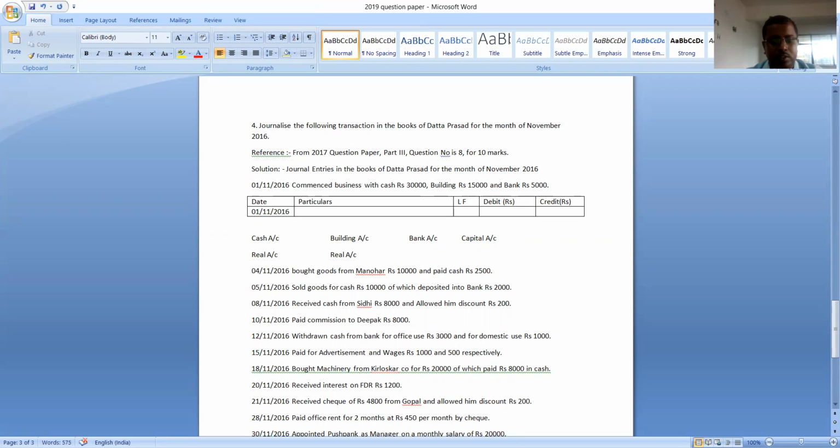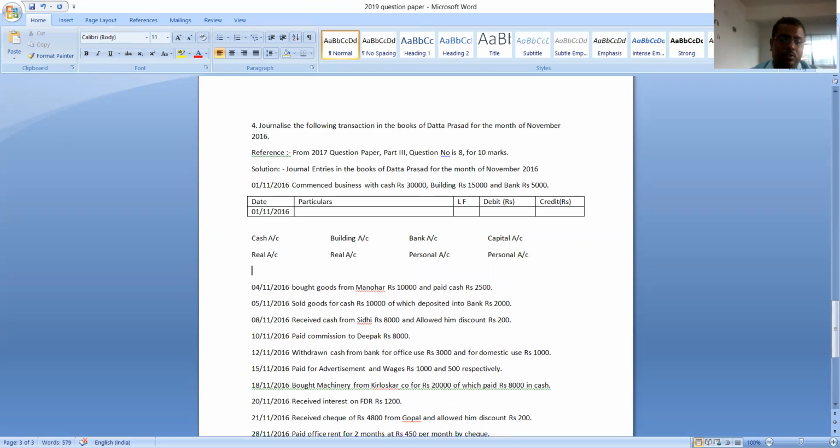Bank account is a personal account because it is an institution. Capital account is also a personal account because capital represents the owner. Understood? So there are four accounts involved in the transaction: two belong to real account and two belong to personal account. Now which account should be debited and which account should be credited?